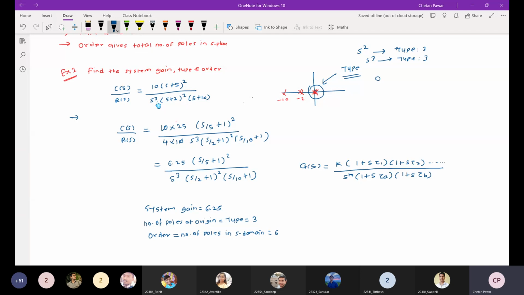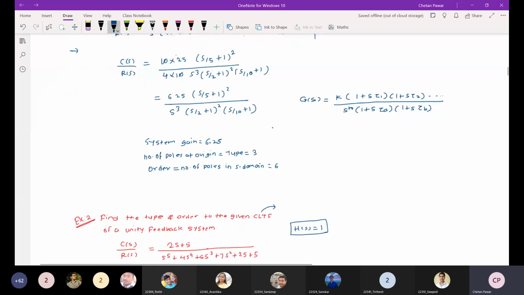And what is the order? How many poles are present in the S domain? If we consider this equation, there are 3 poles at the origin, 2 poles at -2, and 1 pole at -10. So 3 plus 2 plus 1, so the order will be 6. This is how you need to identify them.